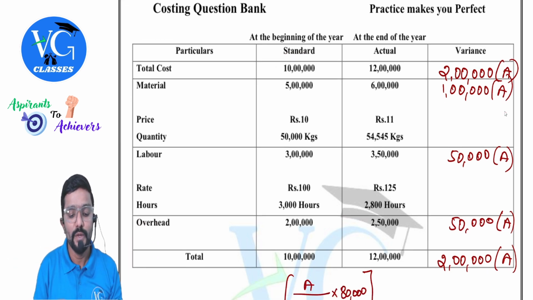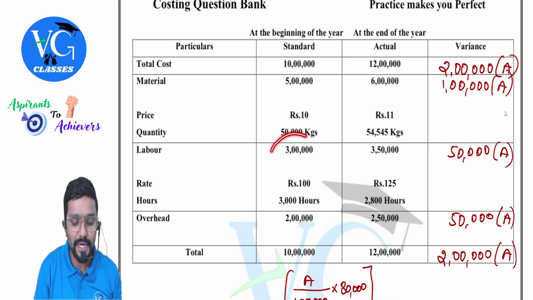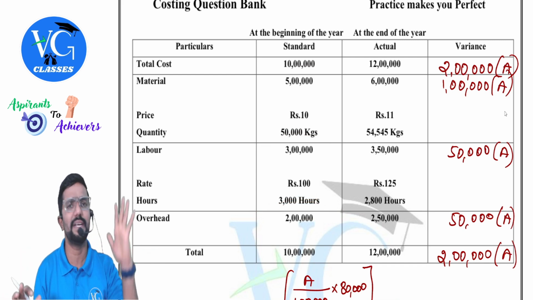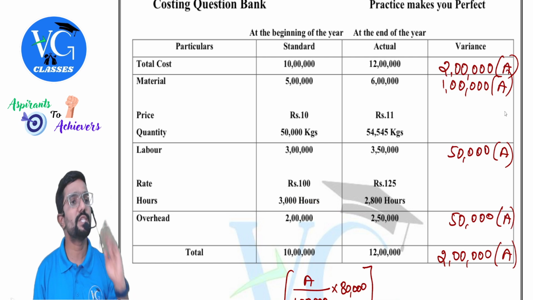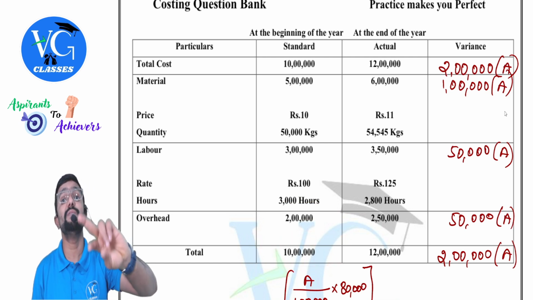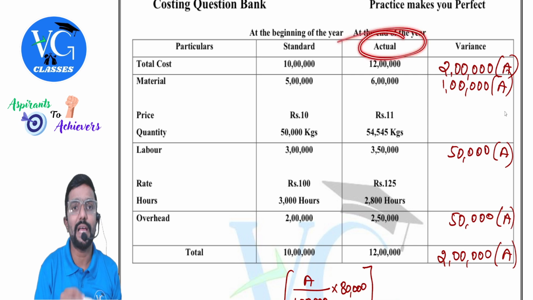Give me the breakup. So in this 10 lakh, they have told standard material cost should be 5 lakh, standard labor cost should be 3 lakh, and standard overhead cost, here I'm not breaking variable and fixed, we will take it as a whole, overhead is 2 lakh. So the total is coming to 10 lakh. Yes. This is the cost which we are supposed to incur, standard cost. Now we got to know the actual cost.